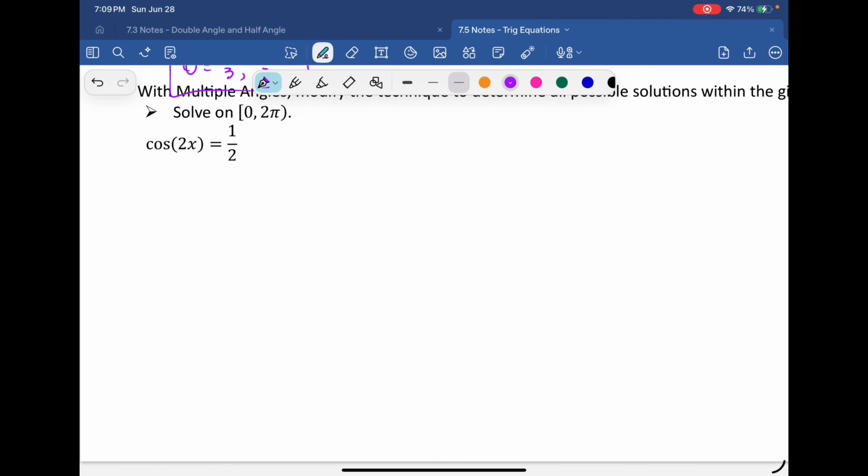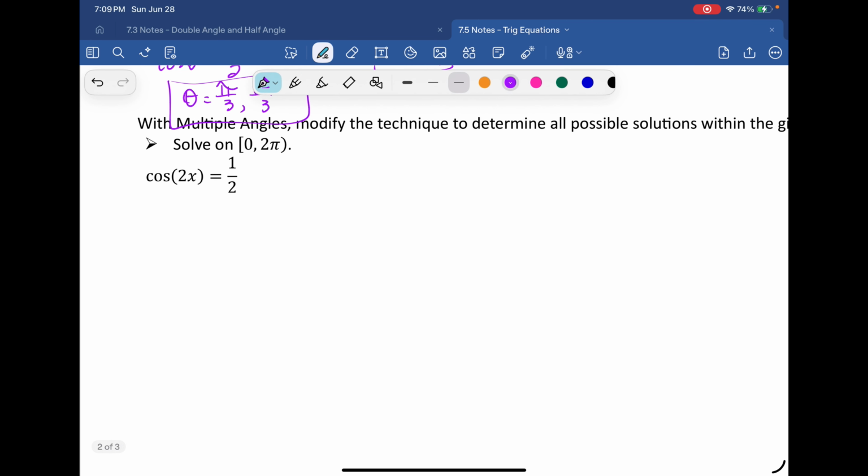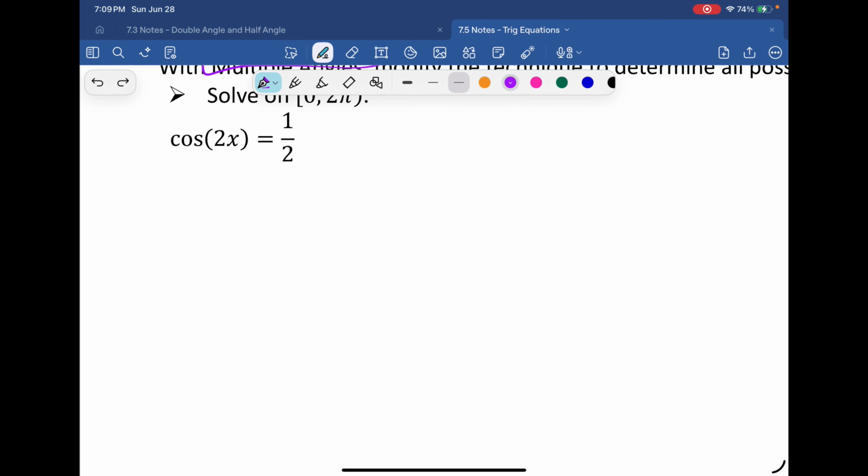All right, I'm going to show you 2 different ways of getting this. This one specifically says solve this on 0 to 2 pi. So I'm going to show you all solutions, and then I'm going to show you how to get the solutions on our interval. So for all solutions, we're going to solve this as if I don't have a 2x here.